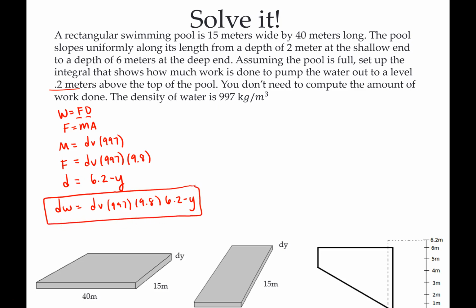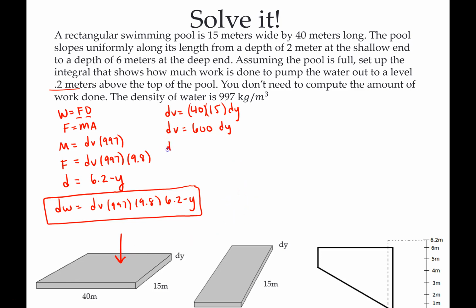The next thing I'm going to do is solve for my volume. So my dV is equal to 40 times 15 times dy, which gives me a dV of 600 dy. That is going to go in for my dV.